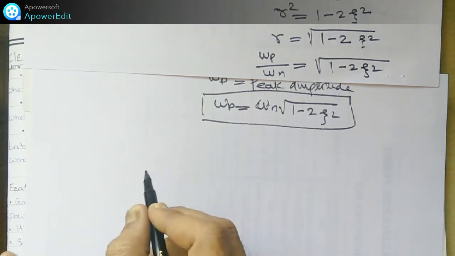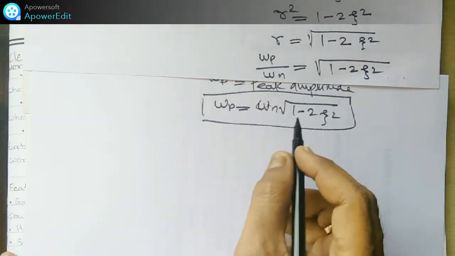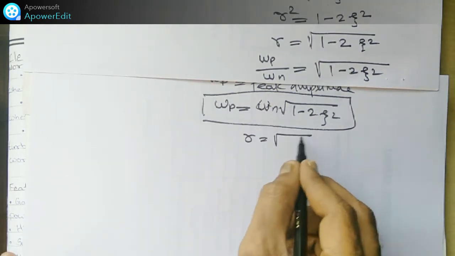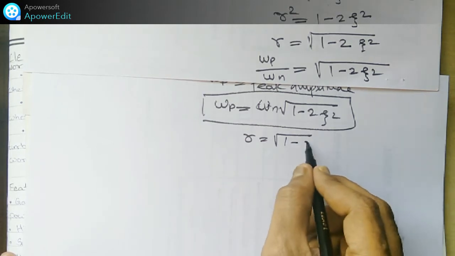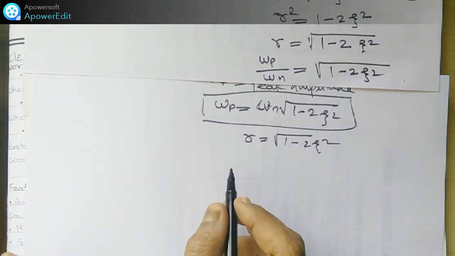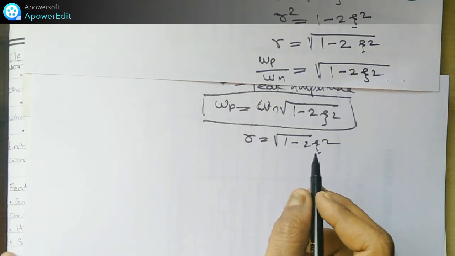And this maximum occurs when r is equal to under root of 1 minus twice zeta square. Means what? This occurs at a maximum frequency, which is greater than 0.